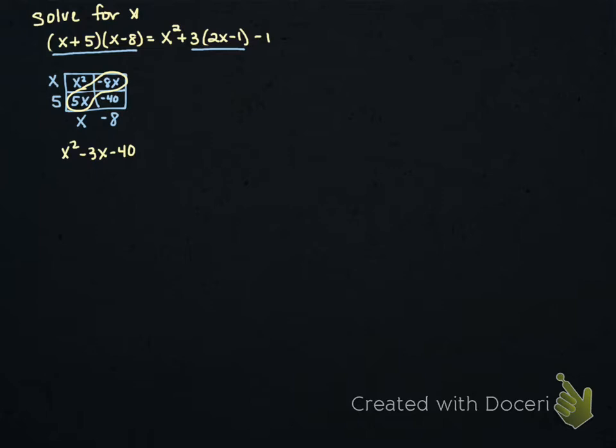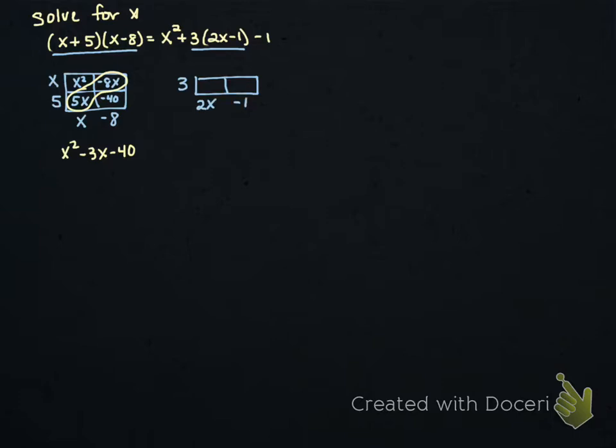On the right side, we also have to create a generic rectangle to multiply out 3 times the quantity 2x minus 1. Because we have one term multiplied by two terms, we will need a 1 by 2 generic rectangle. 3 being the side length of this one side, and 2x minus 1 being our other side length.